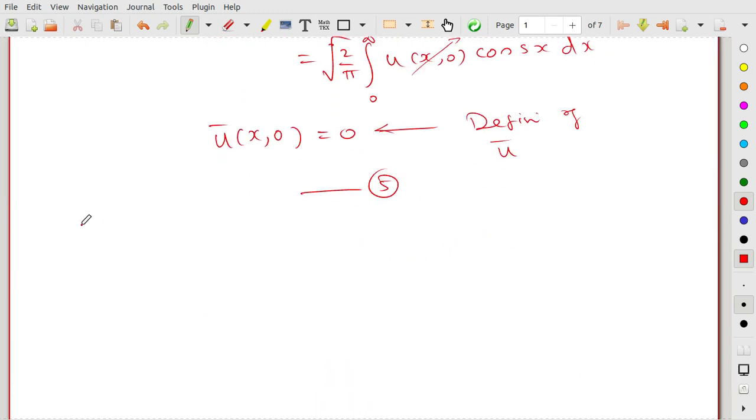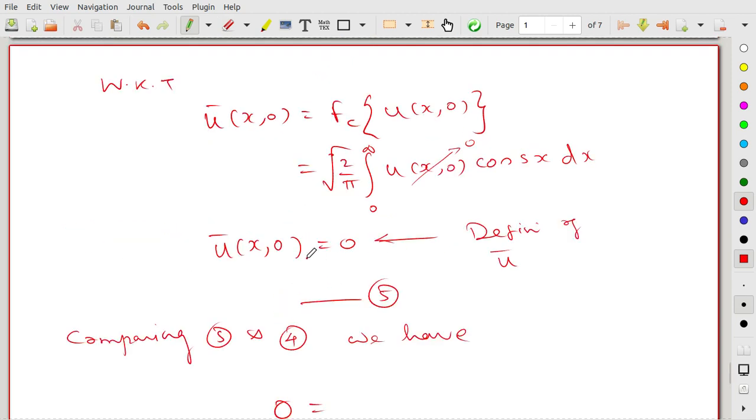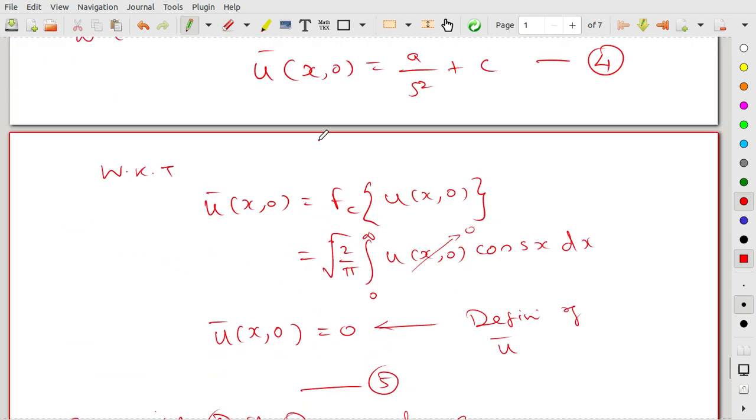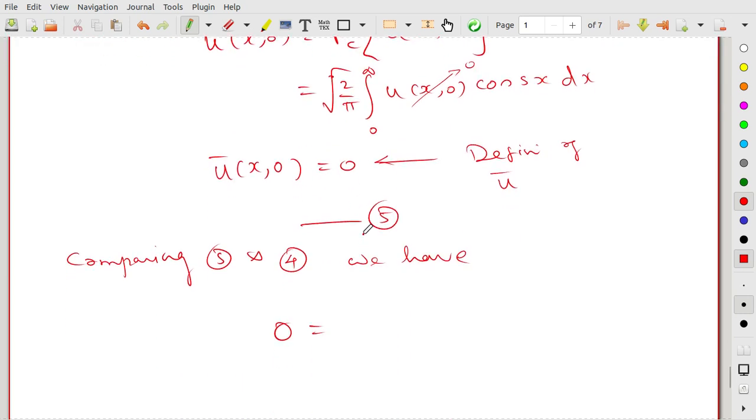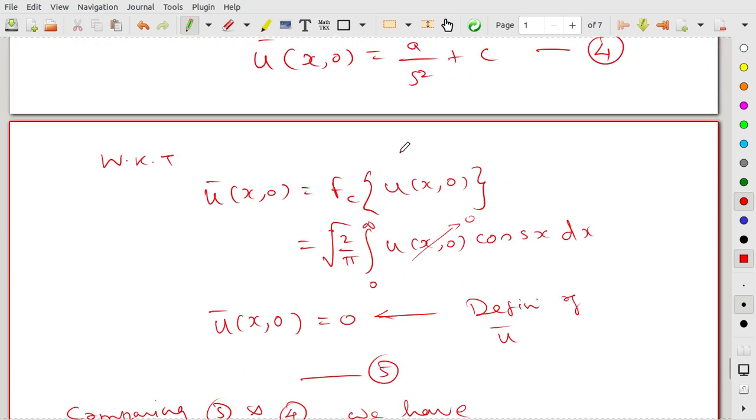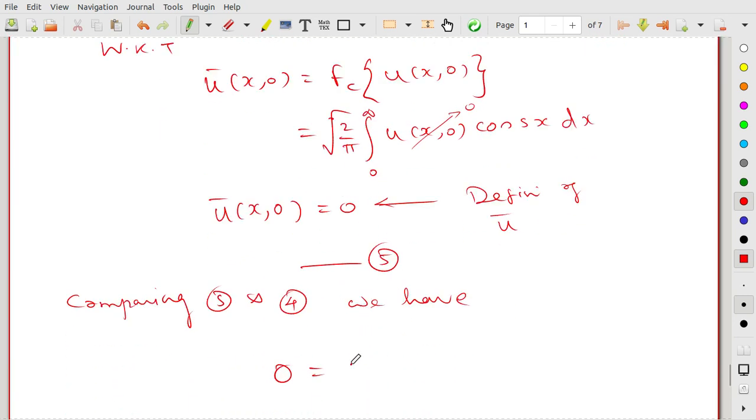So let this be equation 5. Comparing equation 5 and 4, we have 0 equals, since we have u bar equal to 0, we put u bar equal to 0 here, 0 equals a by s square plus c.